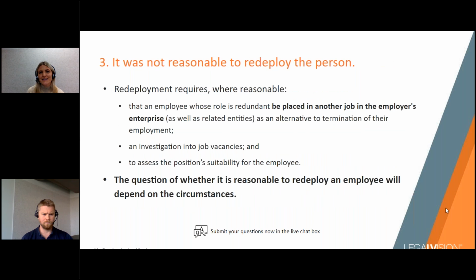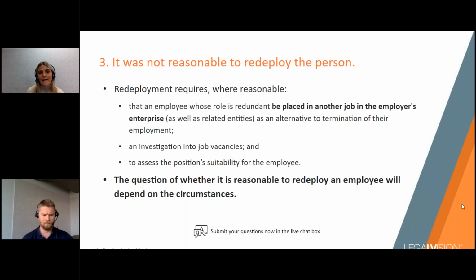Now, turning to the concept of redeployment. Redeployment essentially requires, where reasonable, that an employee whose position has been identified as redundant be placed into another job in the employer's enterprise or an associated entity as an alternative to the termination of their employment. This will vary on a case-by-case basis as to whether there are any opportunities for reasonable redeployment.